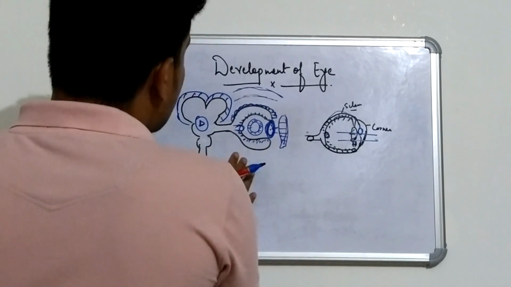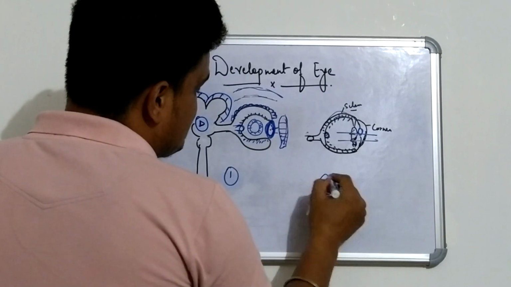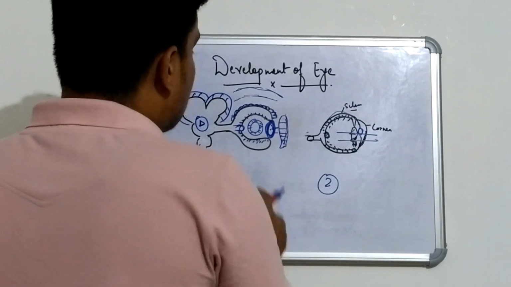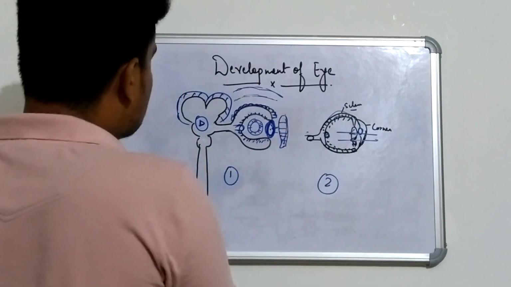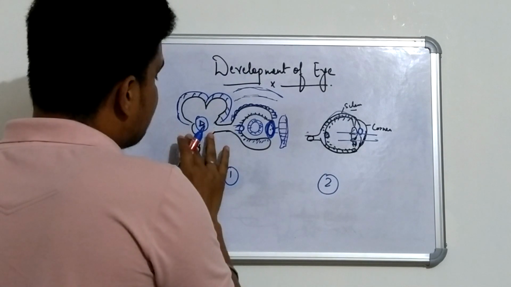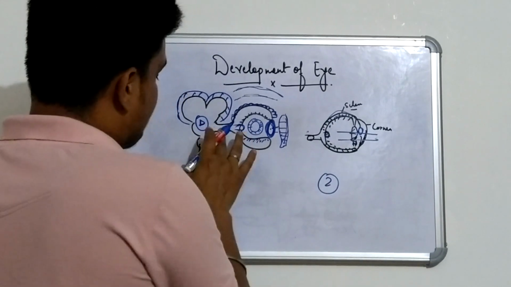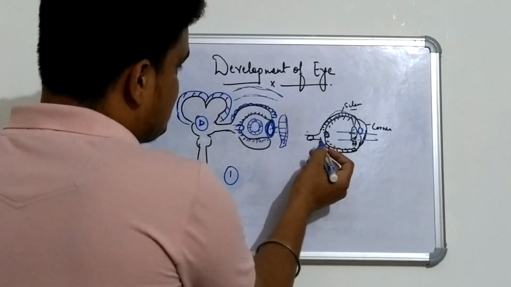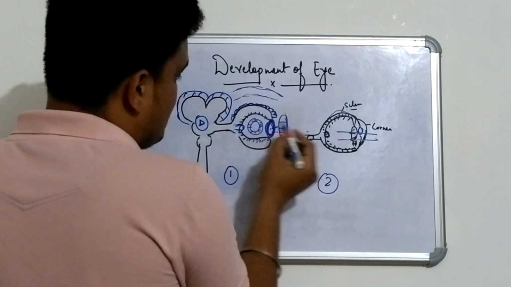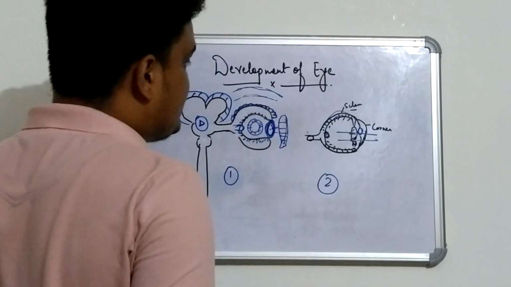So if you will compare this first diagram with this complete second diagram of an eyeball, then most of the thing you can correlate with this. First and foremost thing is the eyeball is derived from the diencephalon area, in which there will be a formation of an optic stalk and the optic vesicles. After that, this area will form an optic cup. The area of the inner portion will form an inner retina.